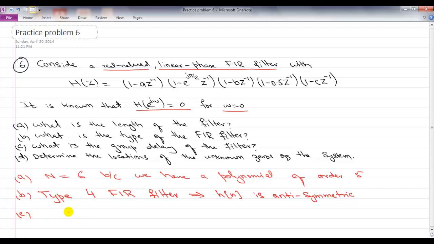Part C is, what is the group delay of the filter? Now, we had talked about that a linear phase filter always has the phase of the type e to the minus j M by 2 omega.